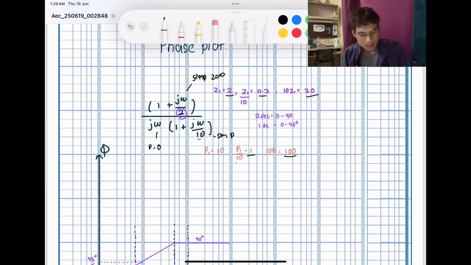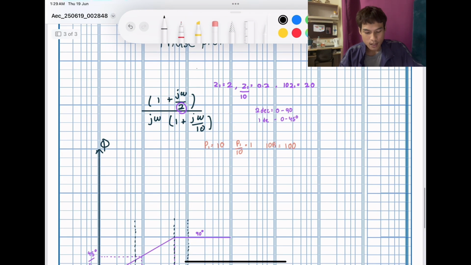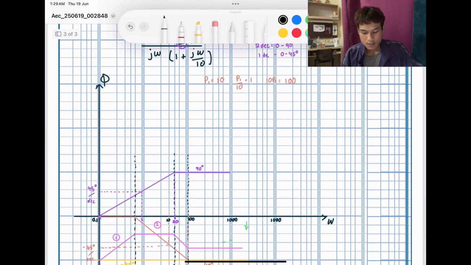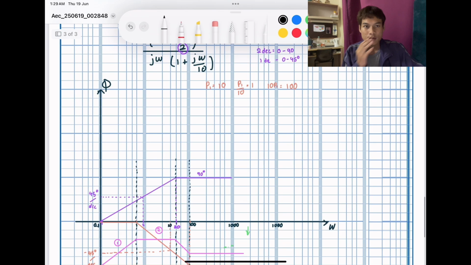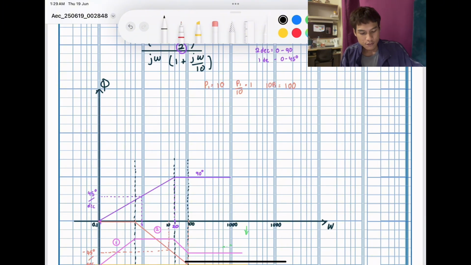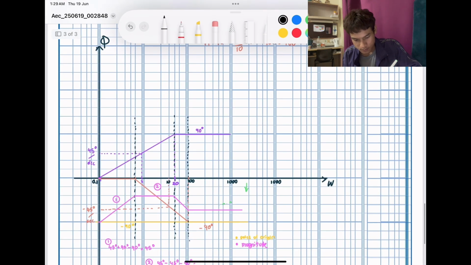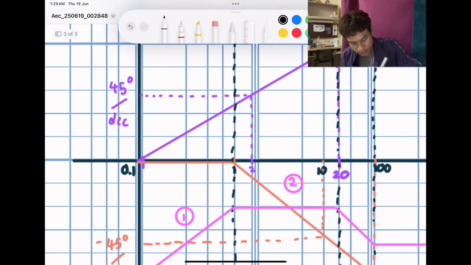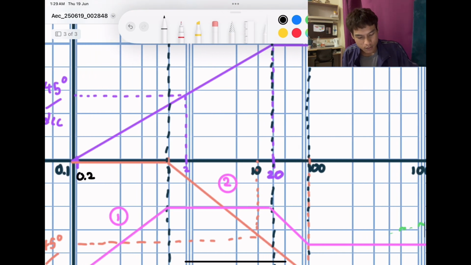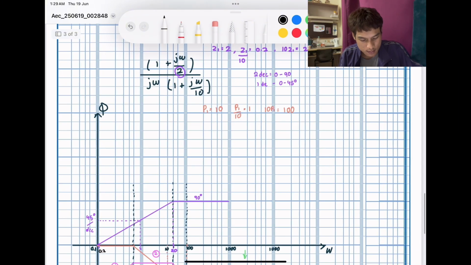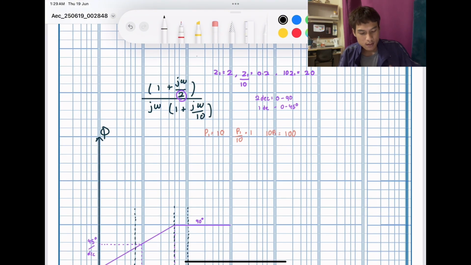So this calculation is our key point to know at which frequency the graph will change. Let's focus on the simple 0 first. The purple line is the simple 0. For the simple 0, it will change at 0.2. This is because from our calculation before, when the 0 equals 2 and is divided by 10, you will get 0.2.